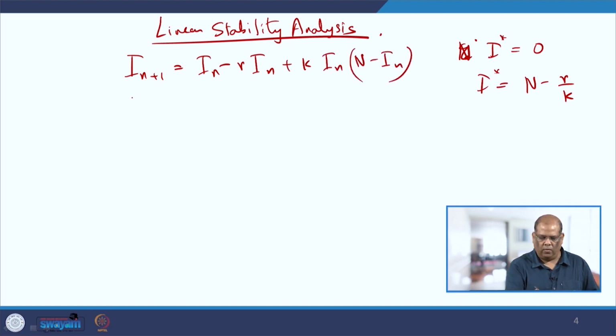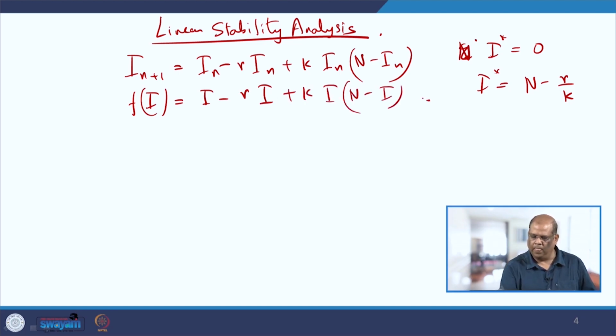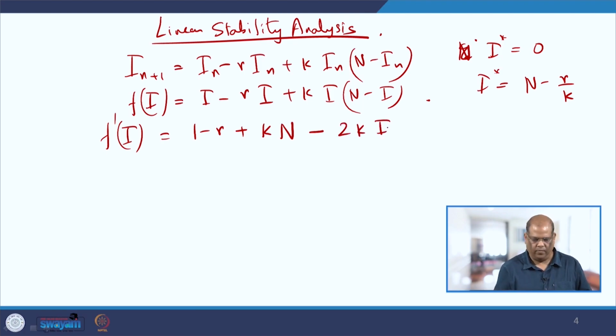So, let us put some function f(I) equal to I minus R I plus k times I times N minus I. So, f dash of I is going to be 1 minus R plus, if I multiply this out, N k minus 2 k I.